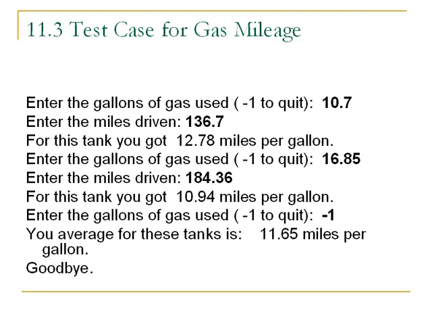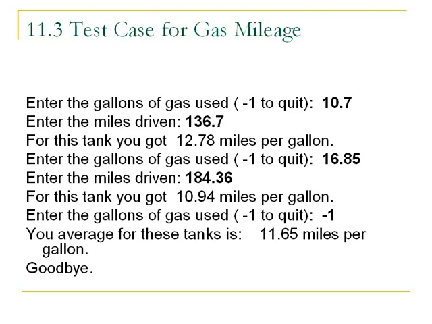We have 10.7 gallons of gas and 136.7 miles. And for that tank, they got 12.78 miles per gallon. And then you see that it repeats that. Enter the gallons of gas used, enter the miles driven, and then the Sentinel value was entered on the third one. The Sentinel value is again -1. It could have been anything that wouldn't be a reasonable number of gallons of gas.